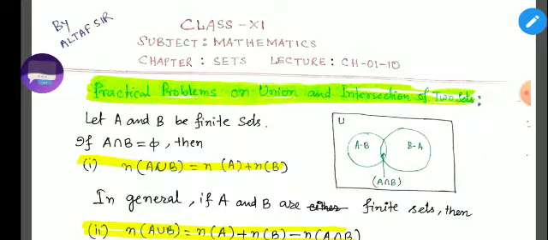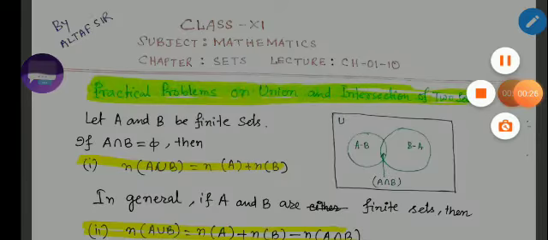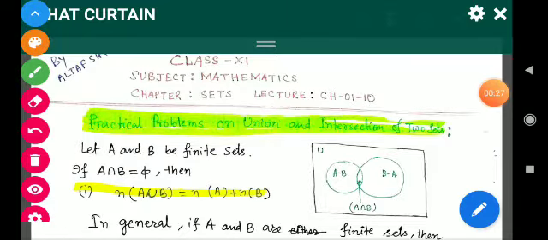So we have seen here, let A and B be two finite sets.